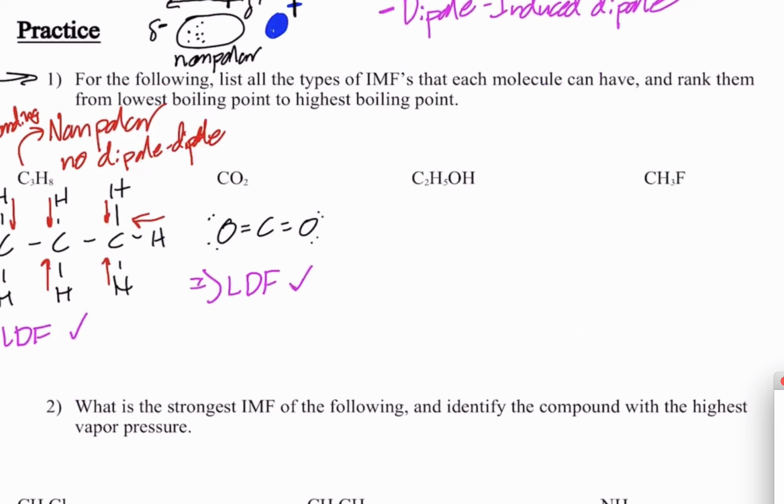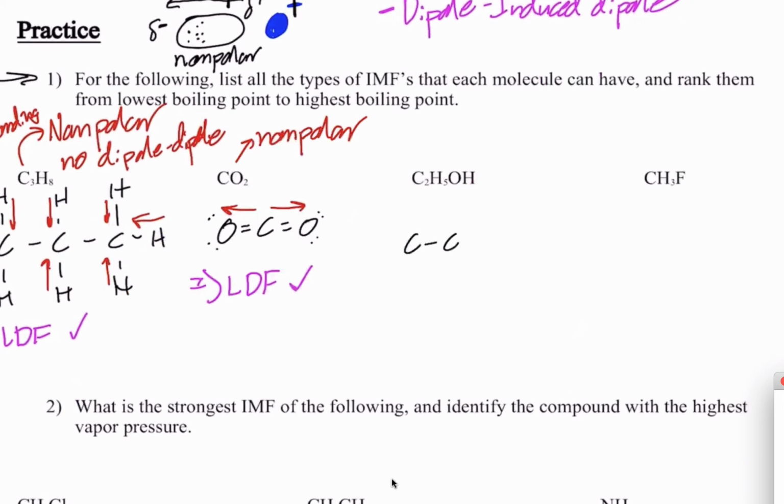However, as far as dipole-dipole forces, again, those vectors are going to end up canceling out, so this is a nonpolar molecule. It's not going to have dipole-dipole, and there are no hydrogens, so it's not going to have hydrogen bonding either. So both of those only have London dispersion forces.